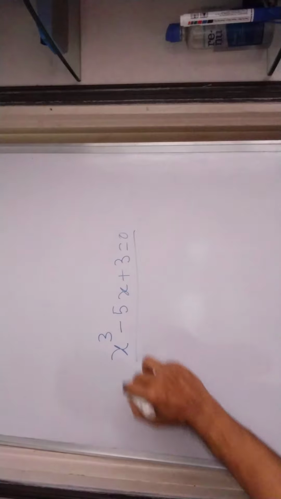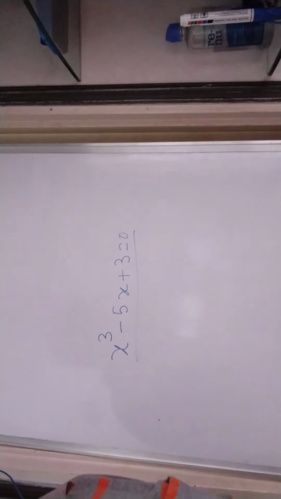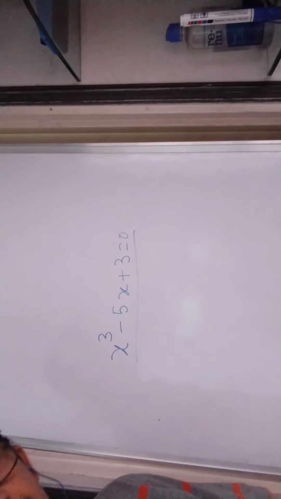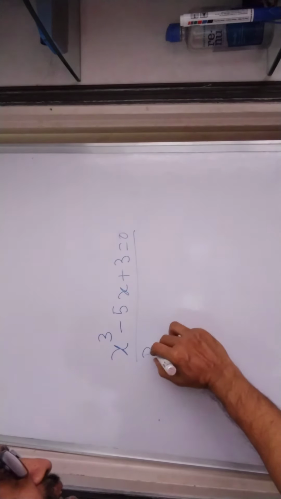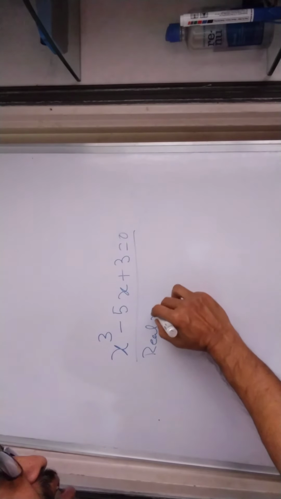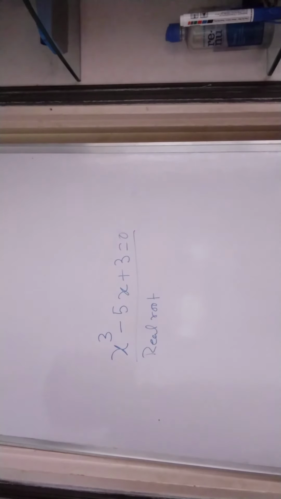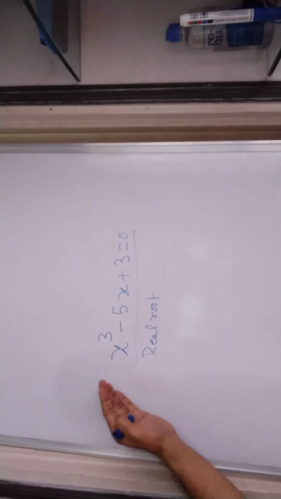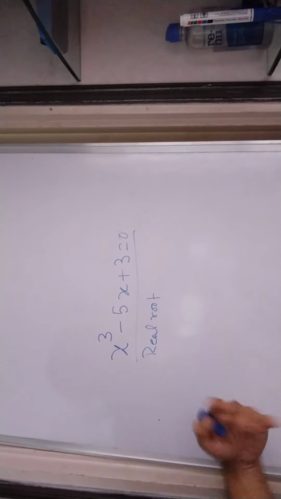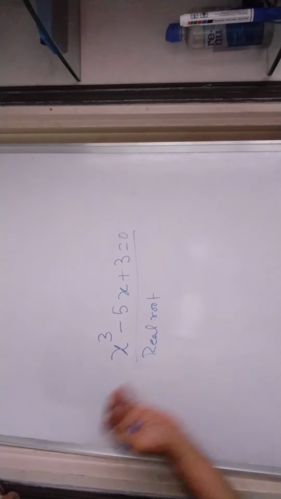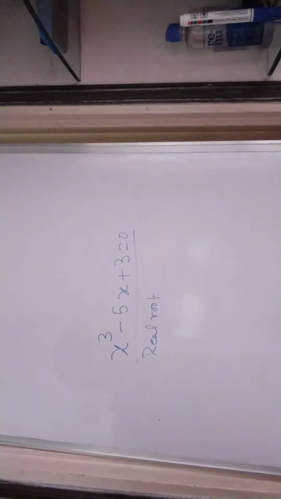We can easily solve it using Cardan's rule, but here we would like to find the real root of this equation. This has at least one real root, because since the equation is cubic, it has 3 roots and complex roots occur in pairs. So, it must have at least one real root.